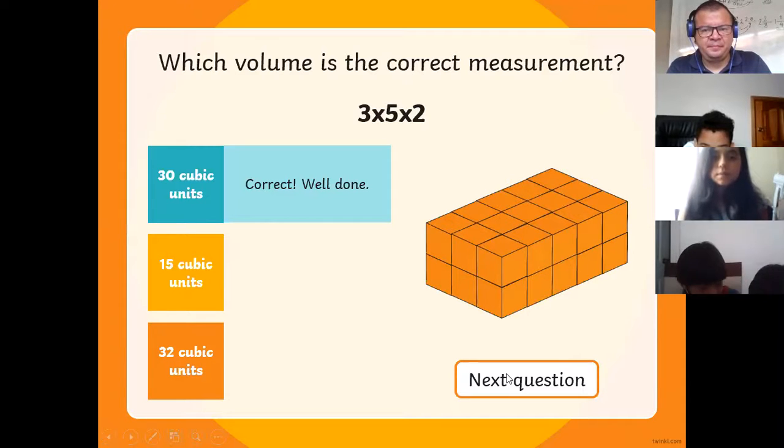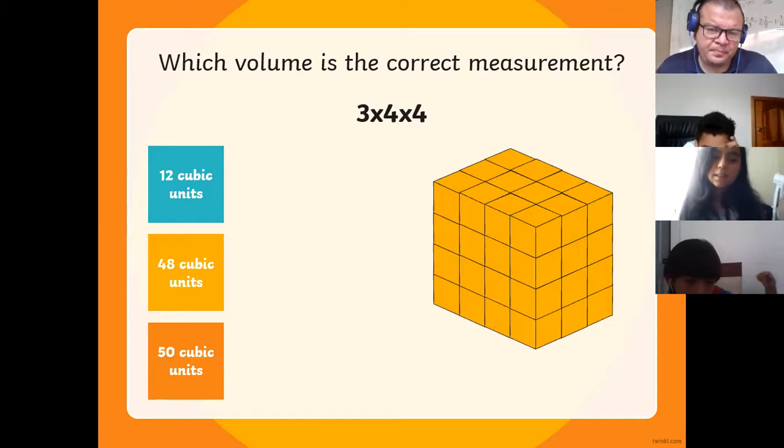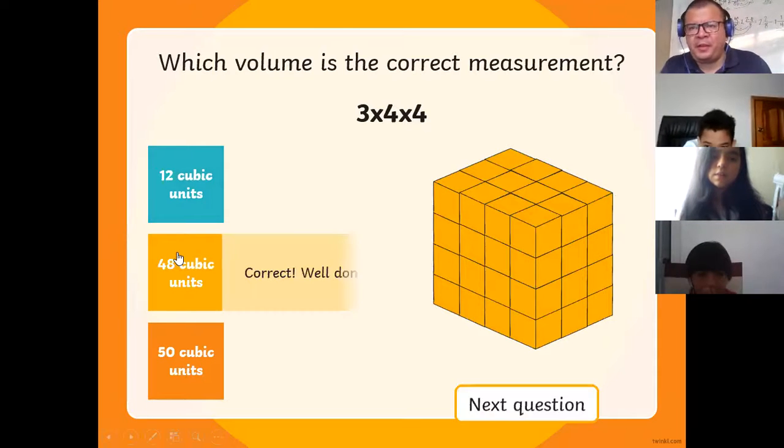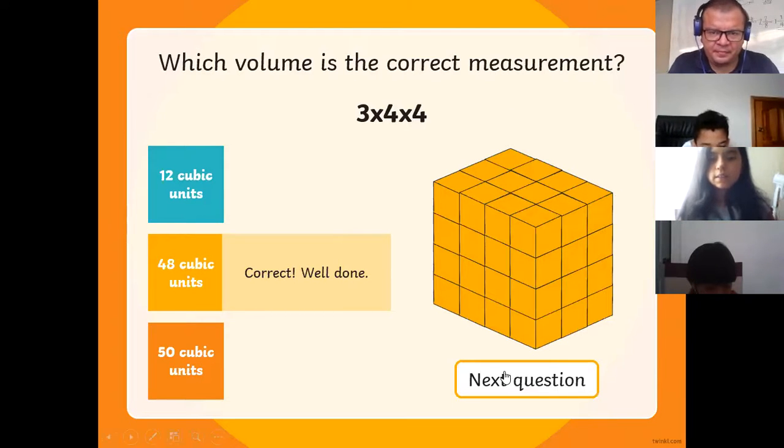Next one. Which volume is the correct measurement? 3 times 4 times 4. 48. This one.